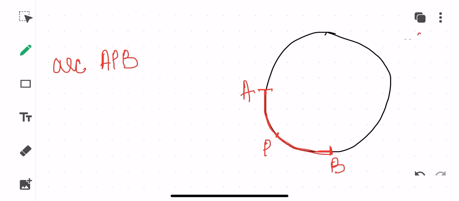Alright, and suppose I have a point here as well, that is Q. What do you see, children? If you draw an imaginary line here, this line is not actually a part of the arc, children. This you need to remember. So this is called arc APB, and if I rotate like this, that is also a part of the circle, children. So we have an arc AQB as well.